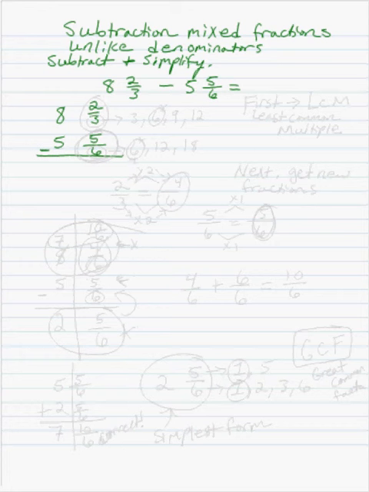And the first thing we do when we have unlike denominators is we need to find the least common multiple. So first, we will find the LCM, which is least common multiple.